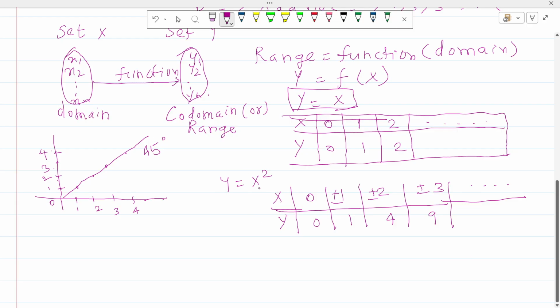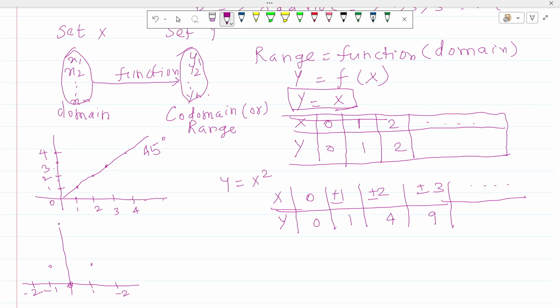Here y equal to x square, how can you draw the graph for this? See, when x equal to 0, y equal to 0. When x equal to 1 or x equal to minus 1, at that time y equal to plus 1. When x equal to 2 or minus 2, y equal to 4. These are all the basic things actually.